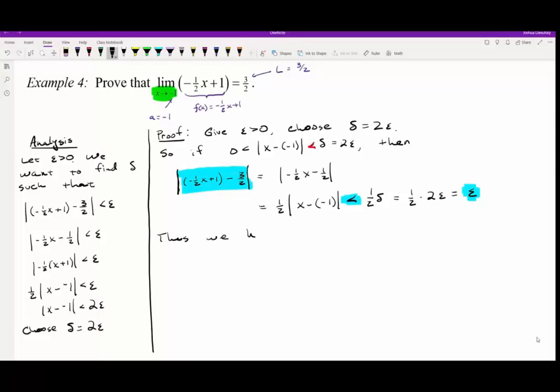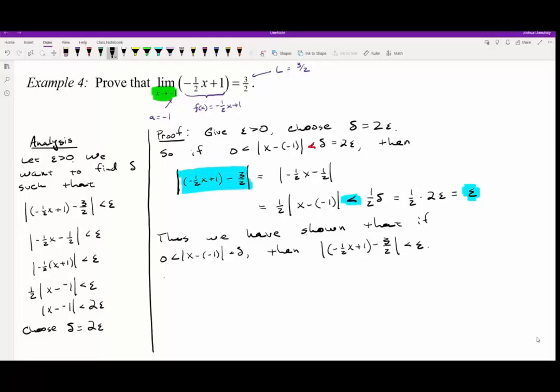So we write, thus we have shown that if 0 is less than the distance between x and negative 1 is less than delta, then the distance between the function and the limit is less than epsilon.